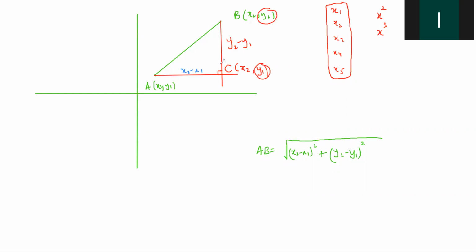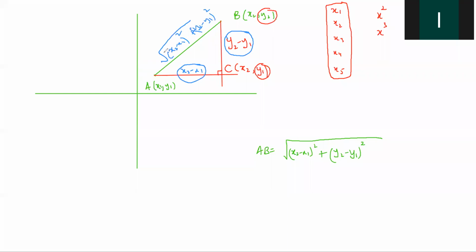And now, the people who are saying that the distance formula is basically derived from the Pythagoras theorem, they were absolutely right. This is one of the sides of the right angle triangle. This is the other side. So the distance is going to be the square root of x2 minus x1 whole square, plus y2 minus y1 whole square.